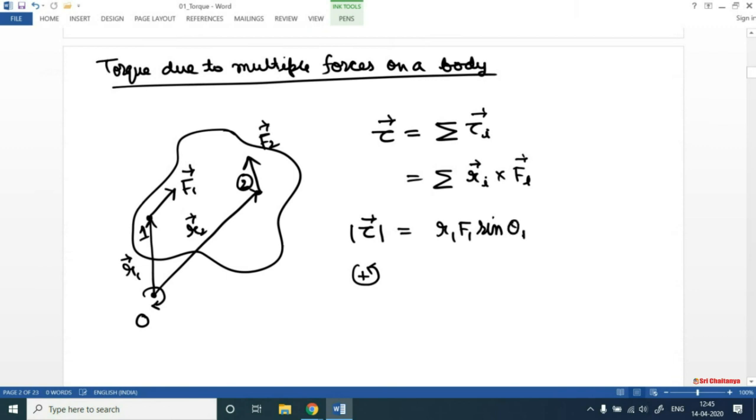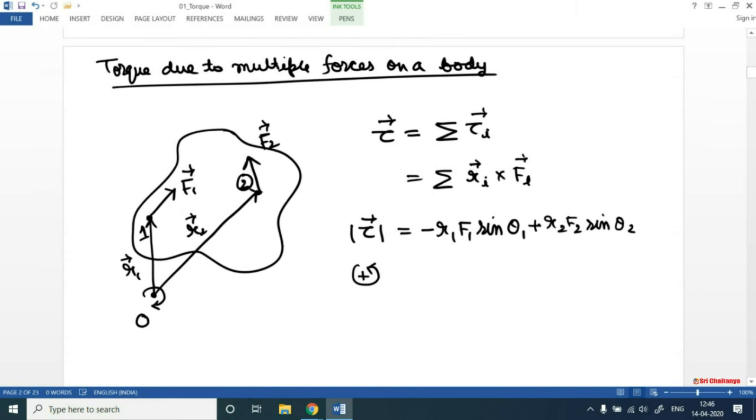But since we have taken outward direction as positive, and this torque is inward, we will take it with negative sign. And similarly, you can see that F2 has the capability of rotating this body in anti-clockwise direction. So its magnitude would be R2 F2 sine theta 2. And since it is anti-clockwise, the direction of torque would be outward, which we have taken as positive, so we will have this as plus sign.